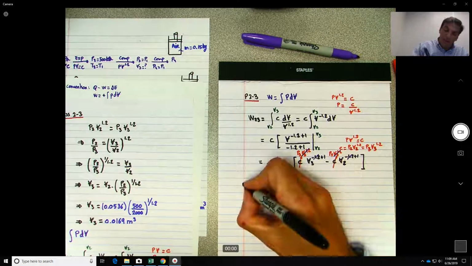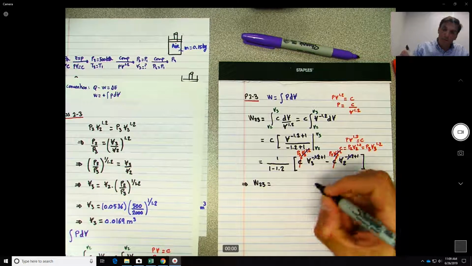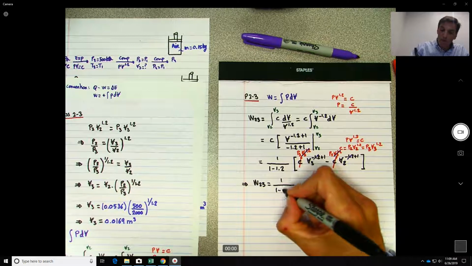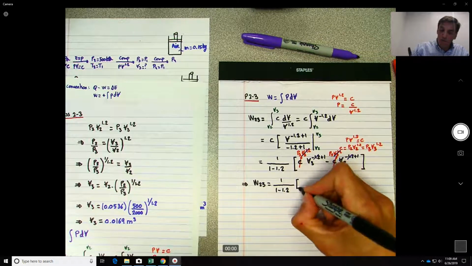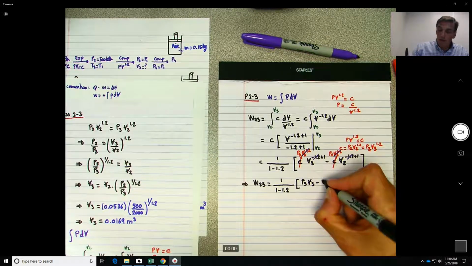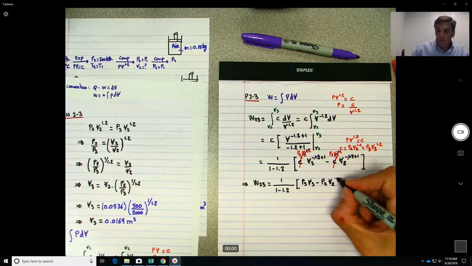So basically at the end you have that the work 2,3 is equal to 1 over 1 minus 1.2 times P3 V3 minus P2 V2.